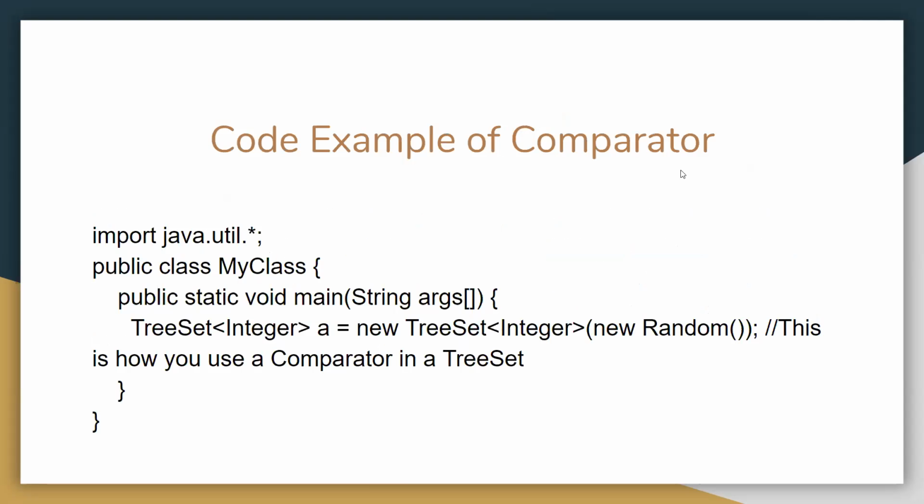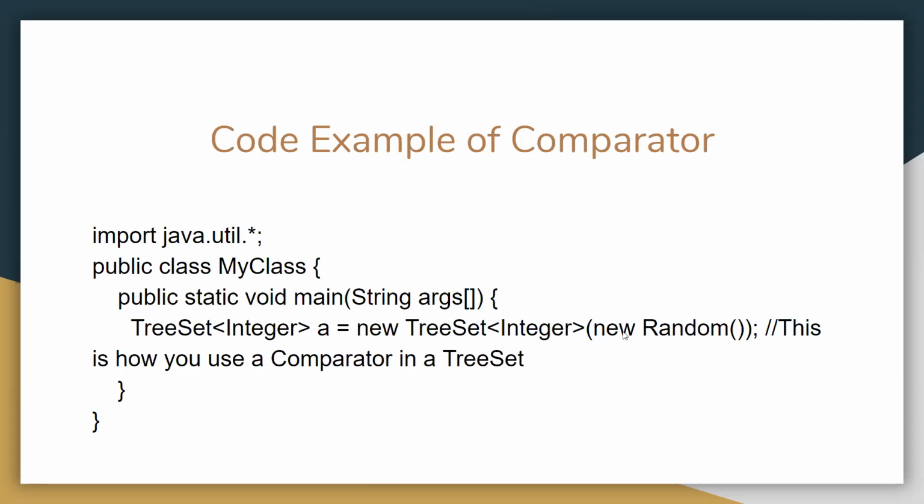Code example of comparator. And this is also continuing on 2 pages, so don't be surprised when you only see this here, but it's coming. So if we create a tree set of integer, the weird thing is that usually when you're creating a tree set, the parentheses at the very end are left empty.